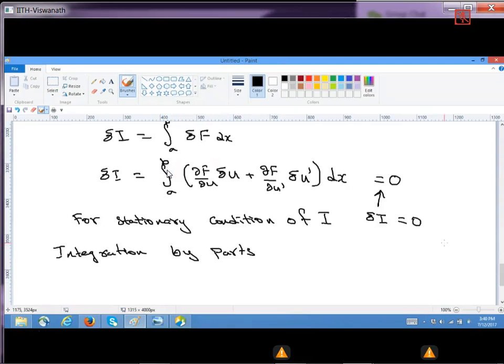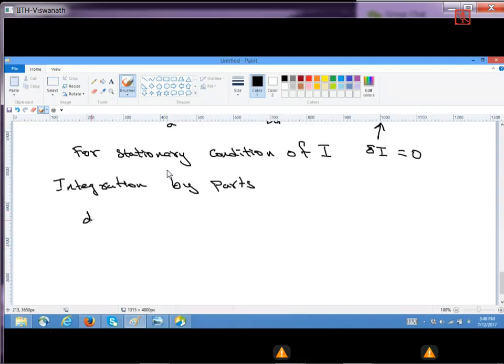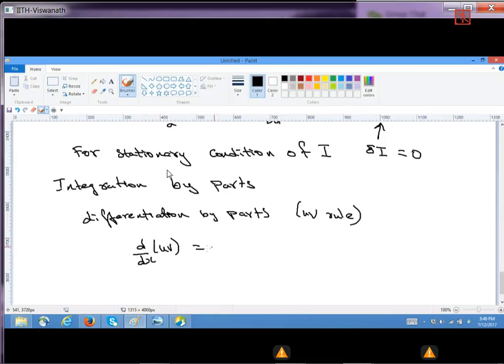You know integration or differentiation by parts, right? Or the UV rule. Let's say d by dx of uv is equal to the following.